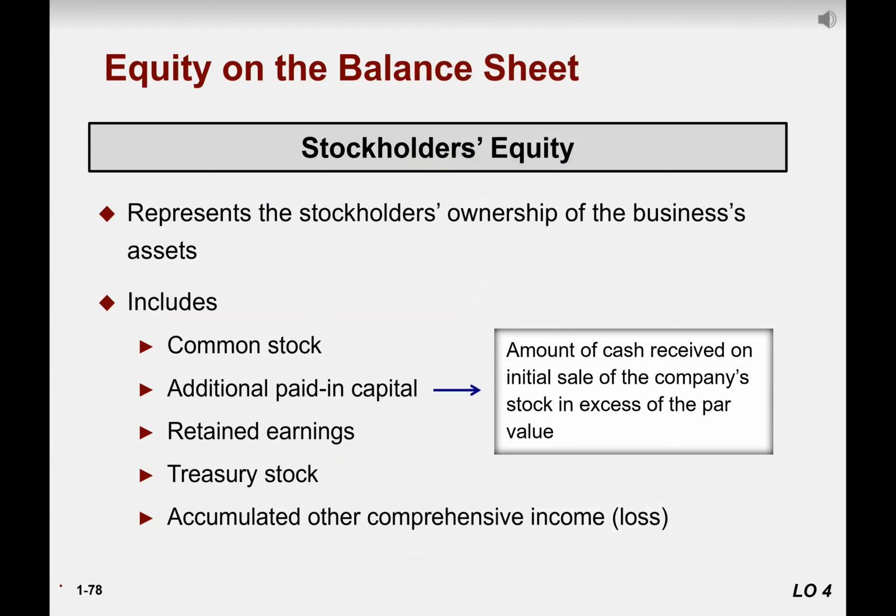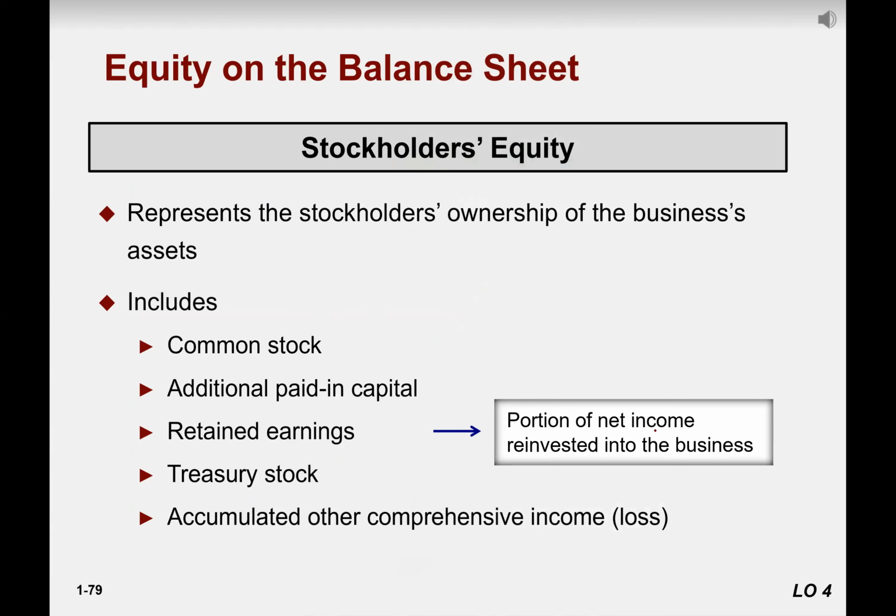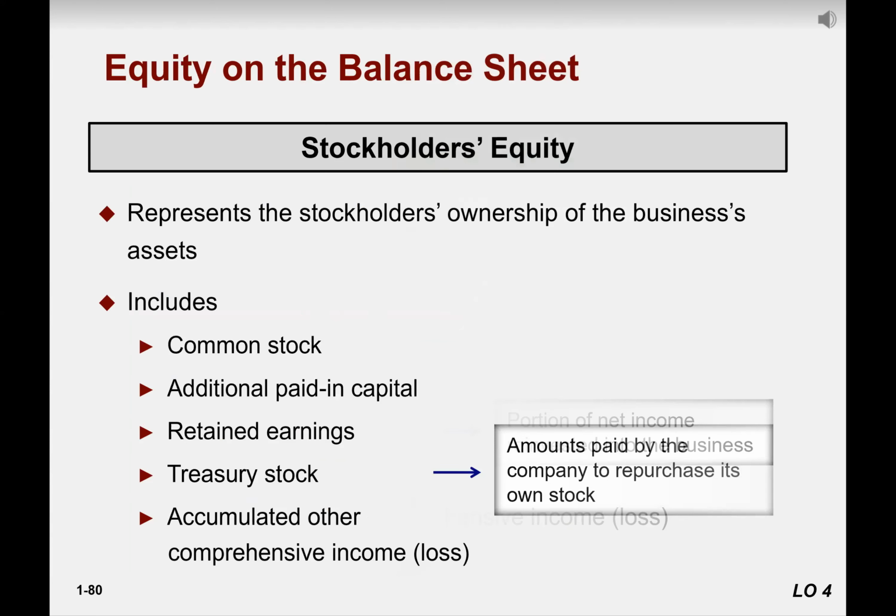Or in order to control the company, because to control a company you must have 51% of shares, right? And you see that somebody is buying out shares, like a hostile takeover, so you are buying back your shares. There are different reasons for that. But treasury stock means the amount paid by the company to repurchase its own stock, unlike retained earnings, which is the portion of net income reinvested into the business.